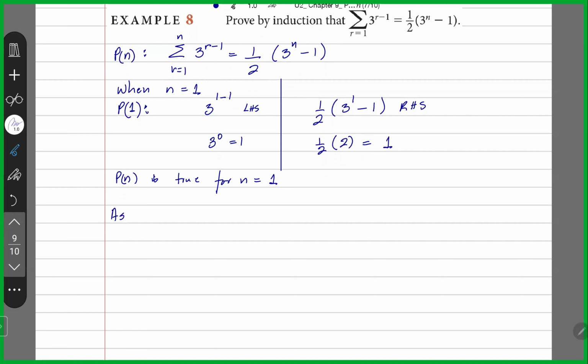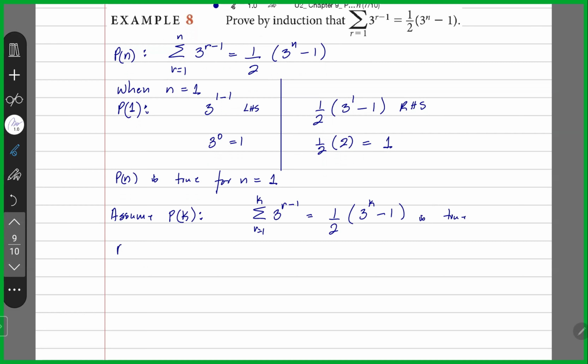We are to assume that Pk, which is the sum from r equals 1 to k of 3 to the r minus 1 is equal to 1 over 2 times 3 to the k minus 1. We're to assume that this statement is true.